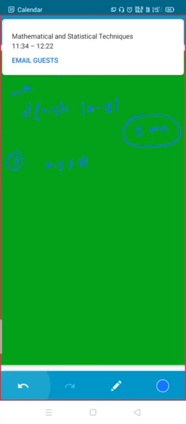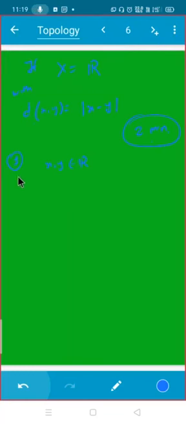Sir, we can write mod of x minus y as x minus y if x is greater than y, y minus x if y is greater than x, and 0 if x is equal to y. That is, d of xy is greater than 0 in this case.